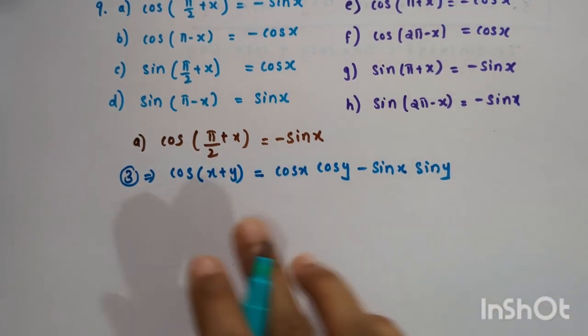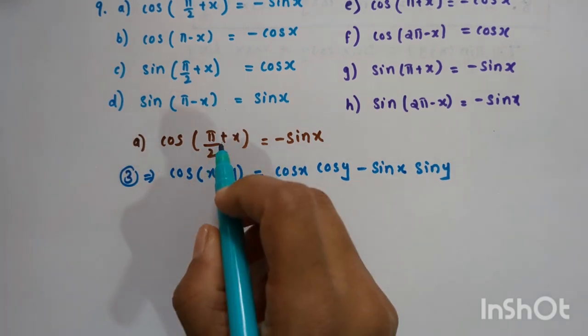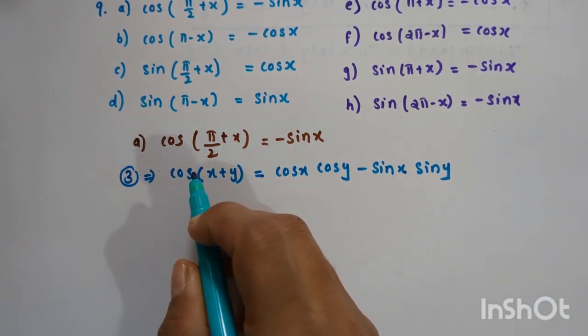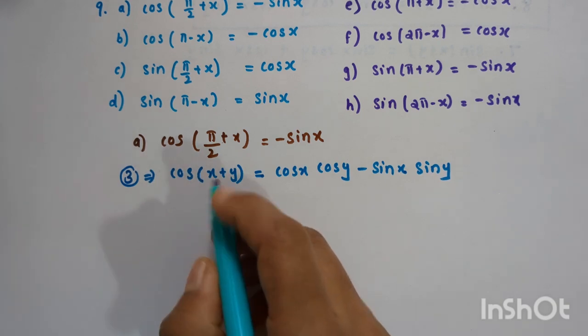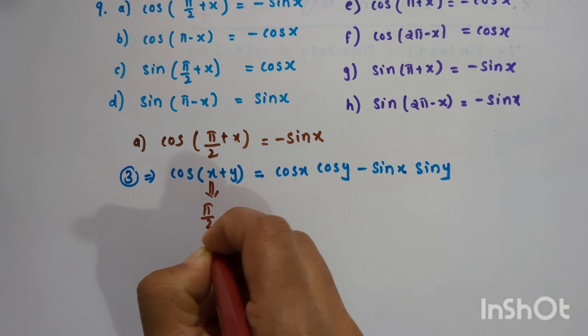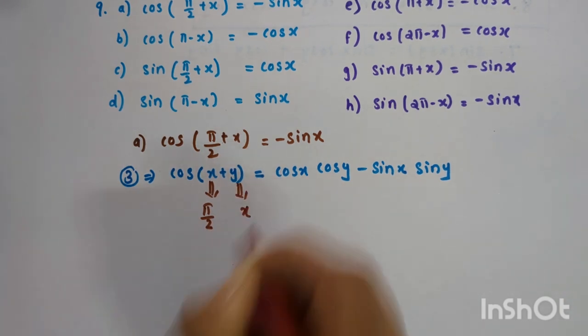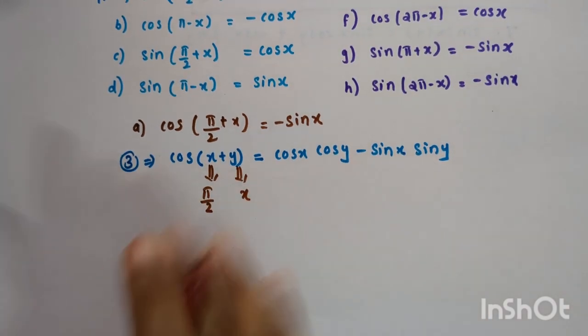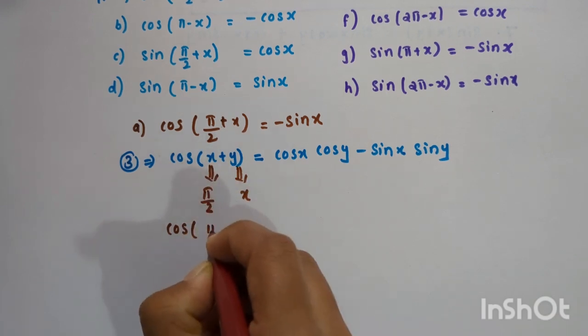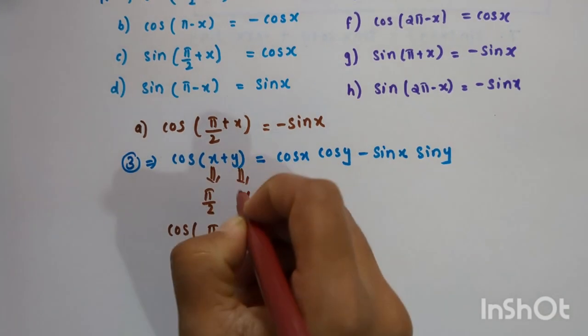Okay, so I am going to use this third trigonometric identity here to prove this. So here what I am doing is, I am going to replace this x by pi by 2 and y by x. So this third trigonometric identity will become cos of, x is replaced by pi by 2, so pi by 2 plus y is replaced by x.